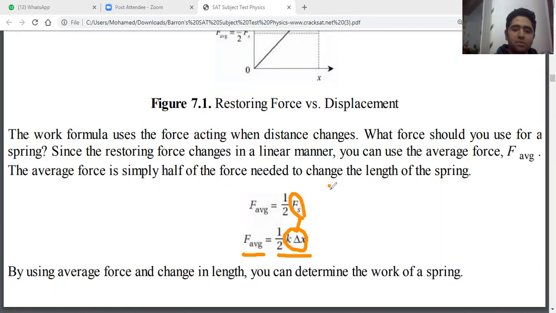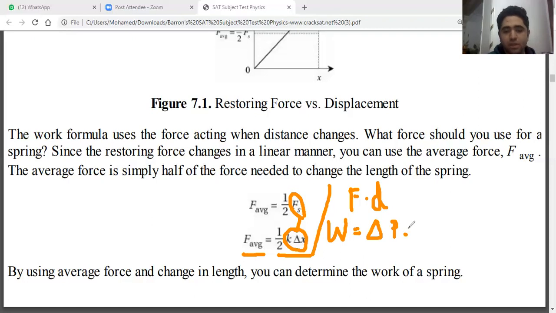So when we bring in the potential energy, it is equal to the work, which is force times displacement. Let's say this, work equals change in potential energy. This is very important for us to understand. This is a new point.